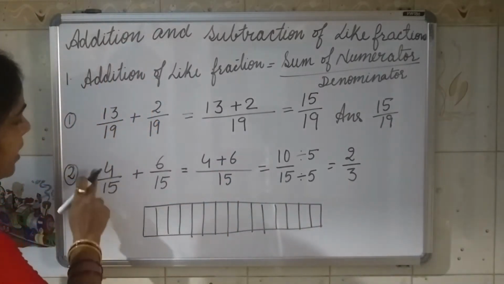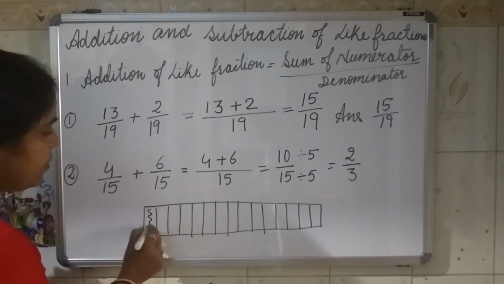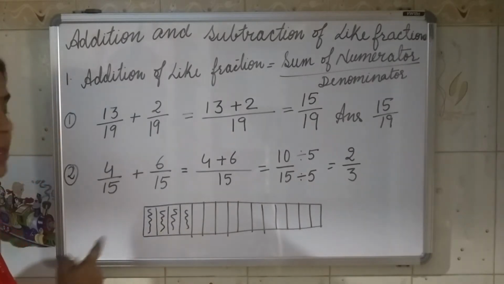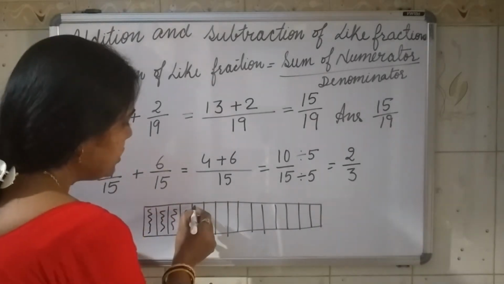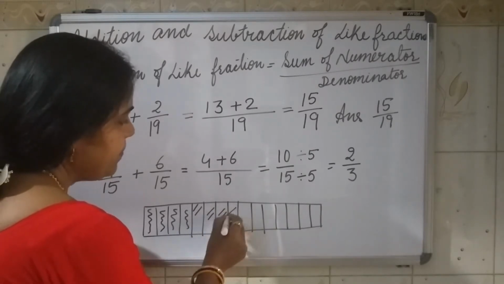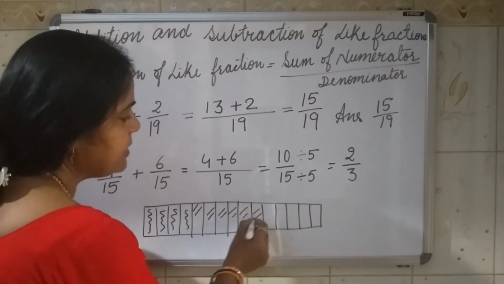Out of the 15 parts, first I have to take 4 parts. I have taken 4 parts. This is 4 by 15. Then second, I have to take 6 parts, so I will take 6 parts: 1, 2, 3, 4, 5 and 6.